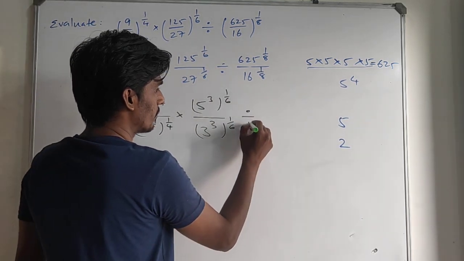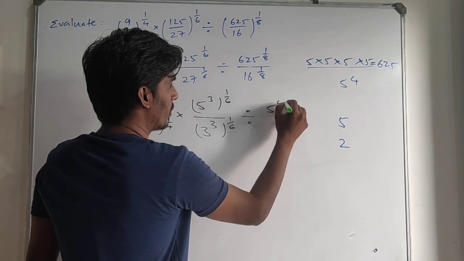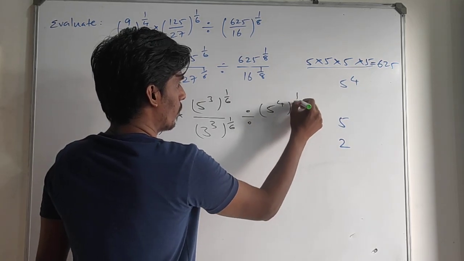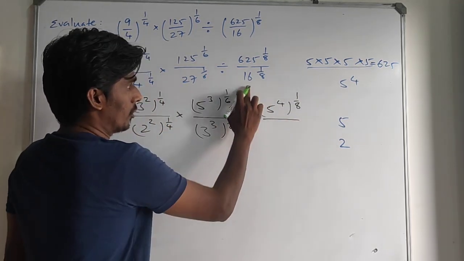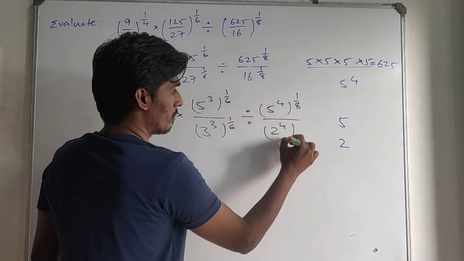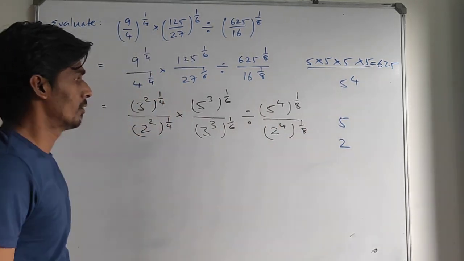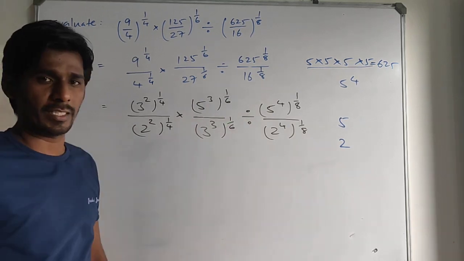Divide by 5 raised to 4, raised to 1 by 8. 2 raised to 4, raised to 1 by 8. So I converted all the numbers into simplest form.